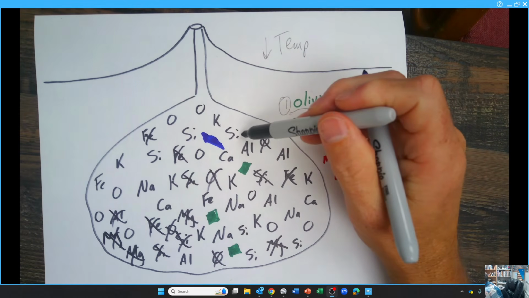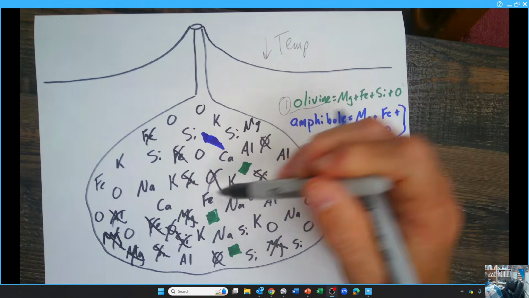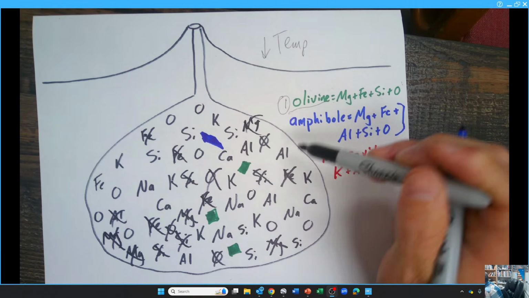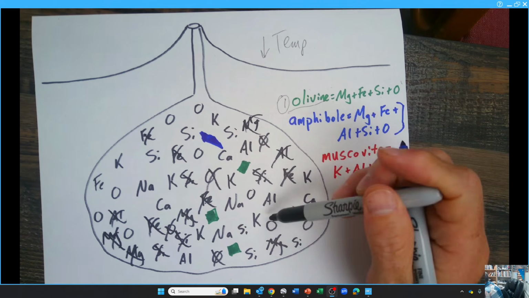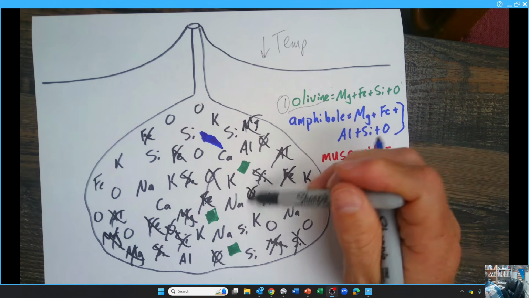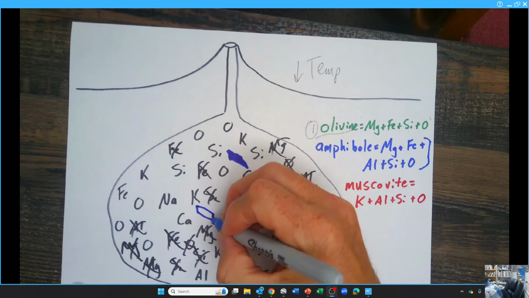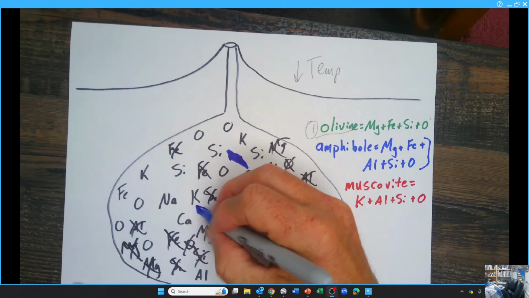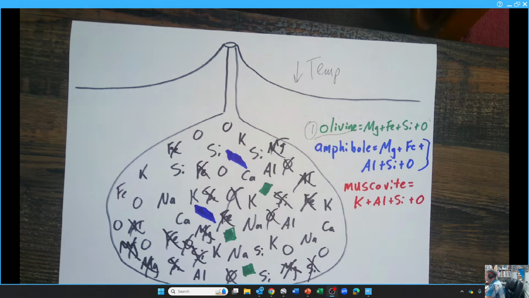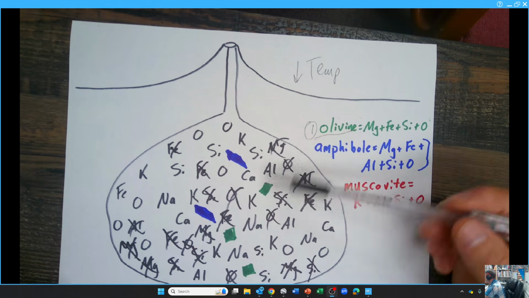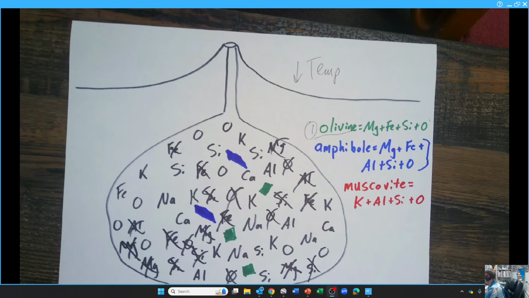So let's do one more. Pretend there's a little bit more magnesium in here, and there's an iron. Got to take an aluminum. I need a silicon and an oxygen. So what you can see then is we're starting to form these different crystals, different minerals, but over time the chemistry or the composition of the remaining melt starts to change.